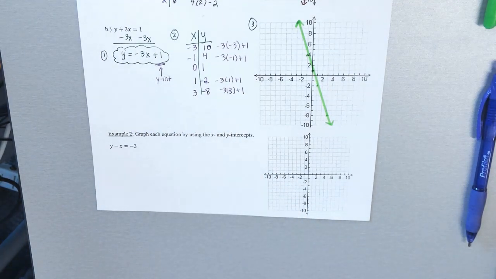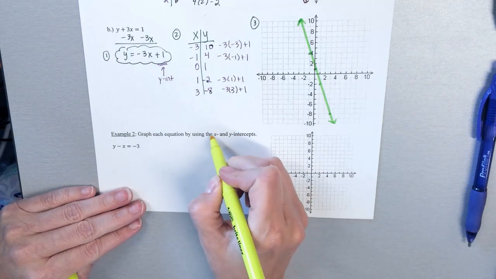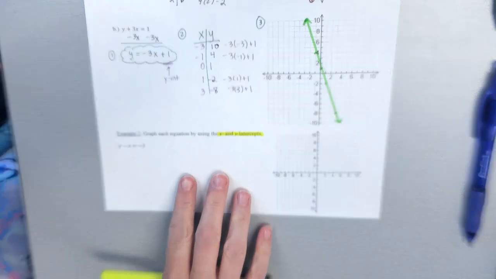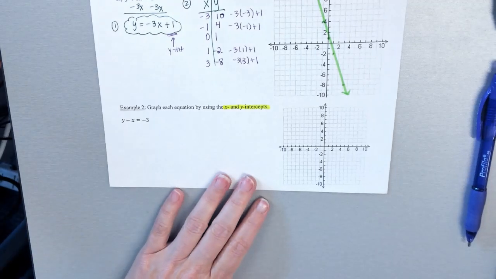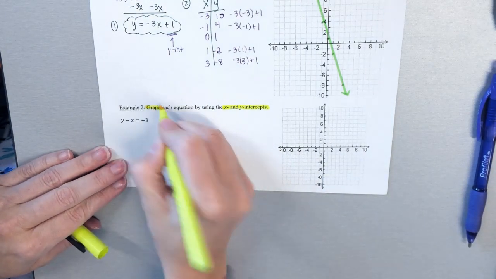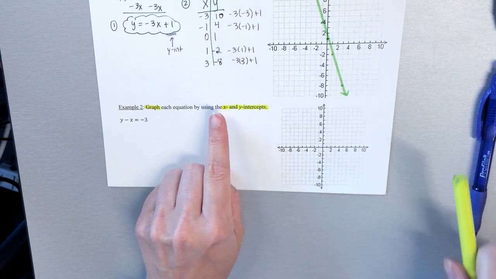All right, now the second way that you have graphed lines before is by using the x and the y intercepts. And you could put this in y equals mx plus b form to find the y-intercept right away. You absolutely could do that, but there's another thing that you could do as well. For every x-intercept, what do we know about the point?